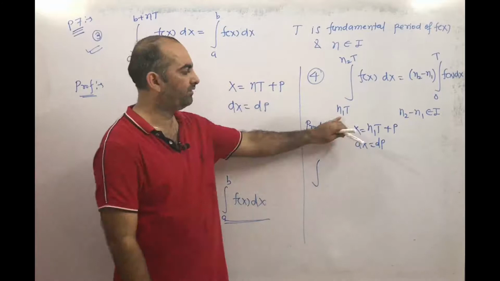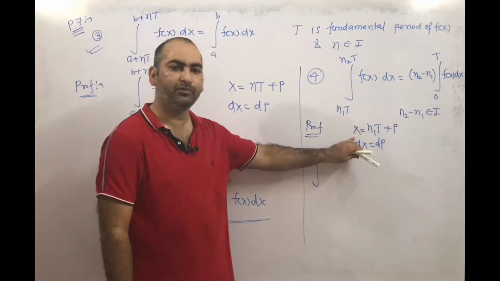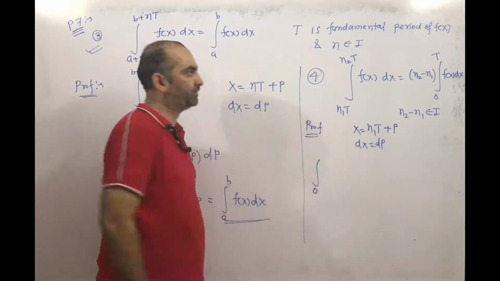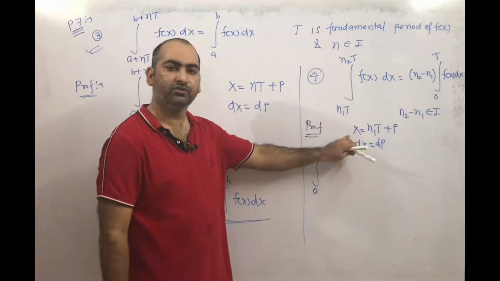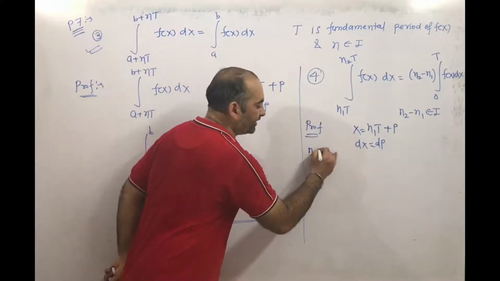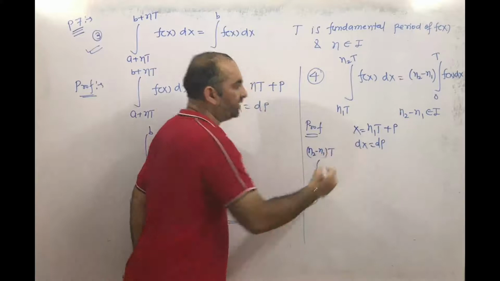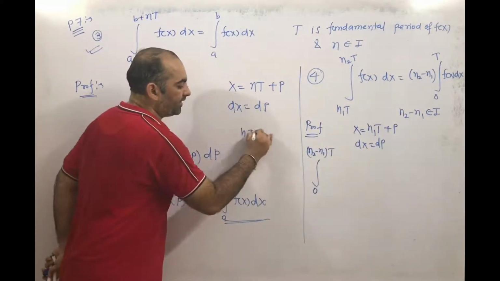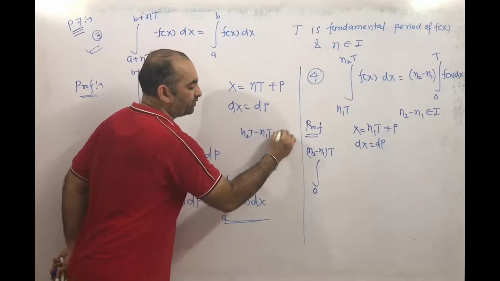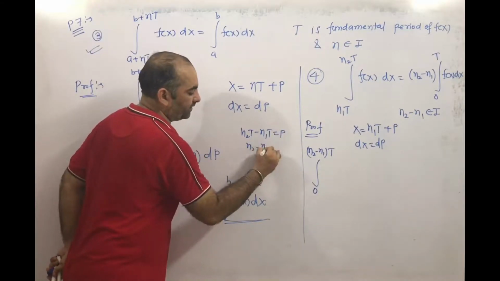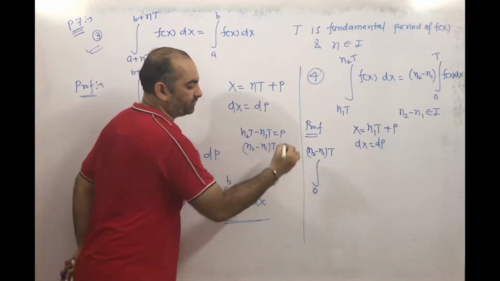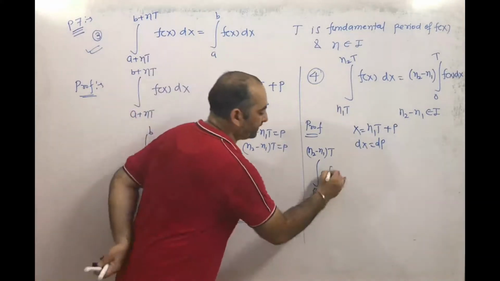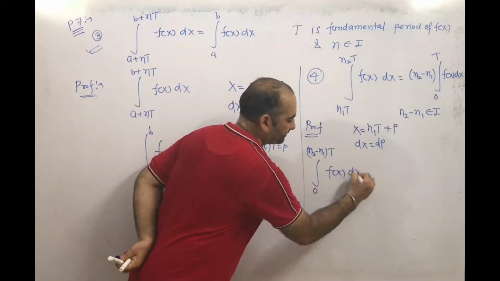If I put the lower limit n1T, the lower limit of p will be 0, and if I put n2T, the upper limit becomes n2T minus n1T, that is, (n2 minus n1)T equals p.